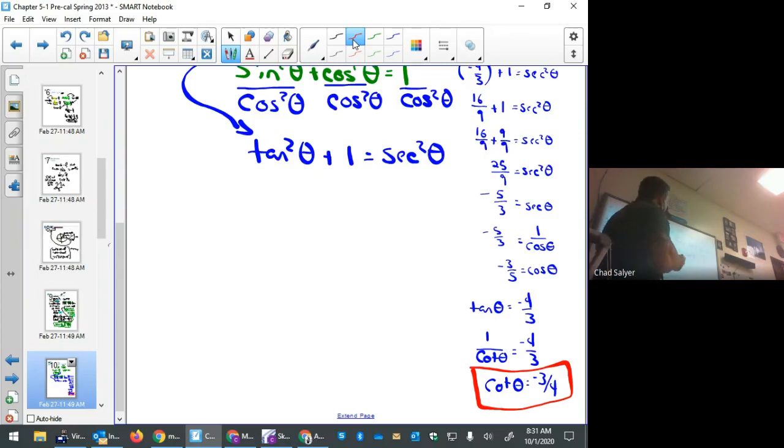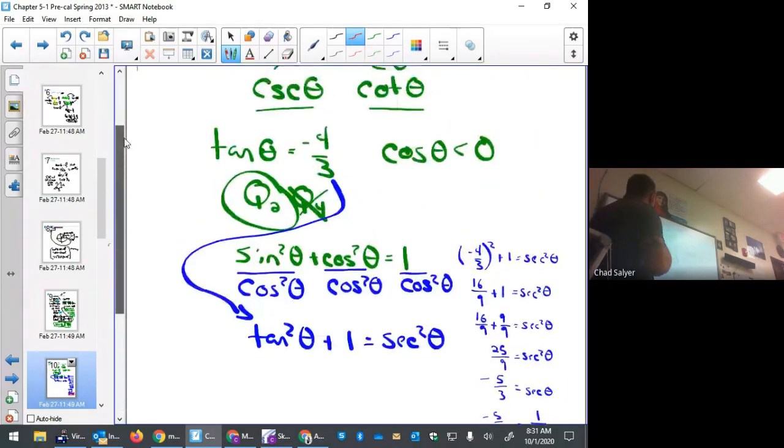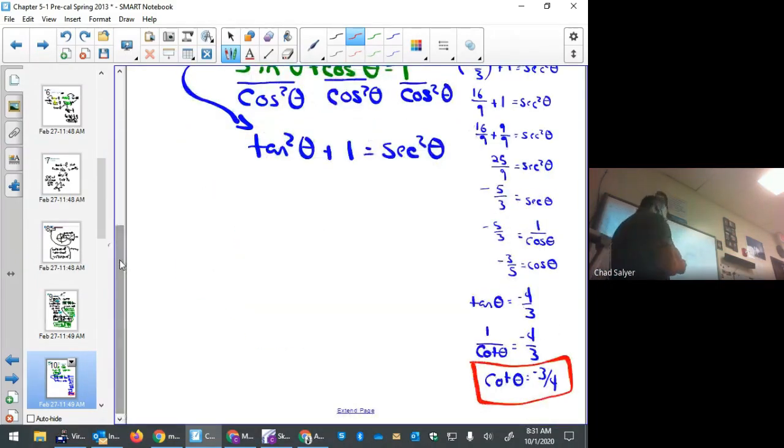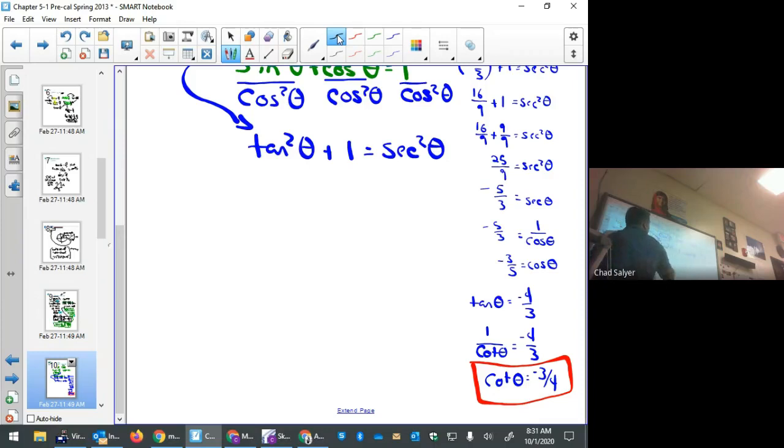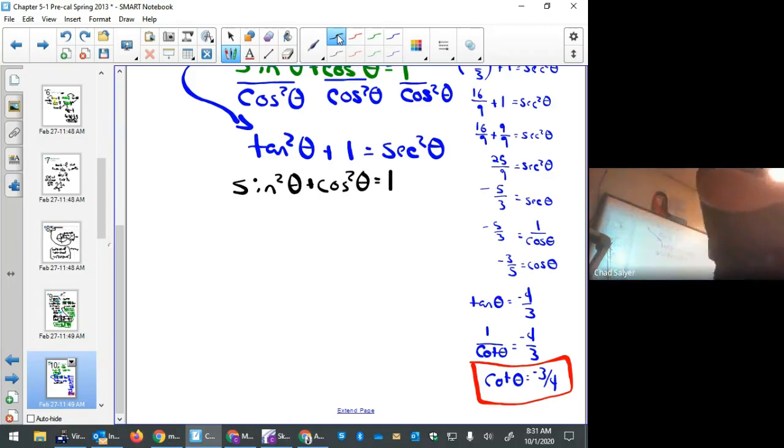And now we need to find the cosecant. So to find the cosecant, I need the sine. I've got the cosine. So finding the sine, I can use the Pythagorean identity again. Remember that sine squared theta plus cosine squared theta equals 1. And there's often in chapter 5 the case that there's a very efficient pathway to the solution, and I don't just happen upon it.